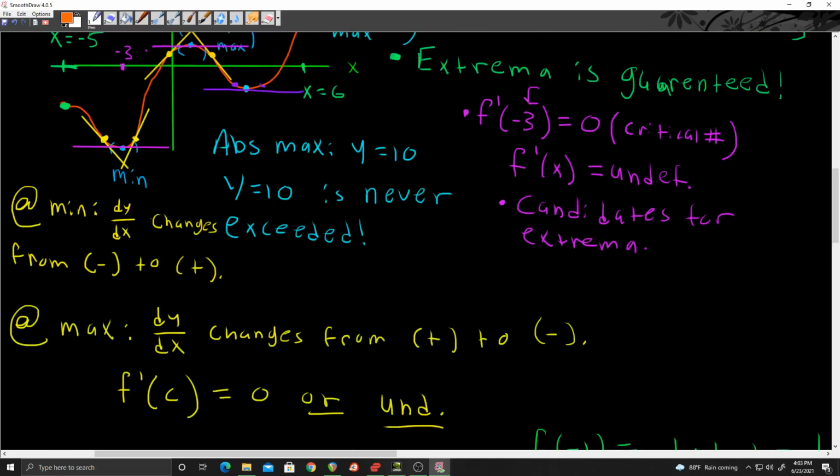So just to keep it simple, just think about these little pictures. For a minimum, we need this. For a maximum, we need this. Negative to positive slope, positive to negative slope. Let's remember that. Now, we're going to focus in this video on this case here, the undefined case.